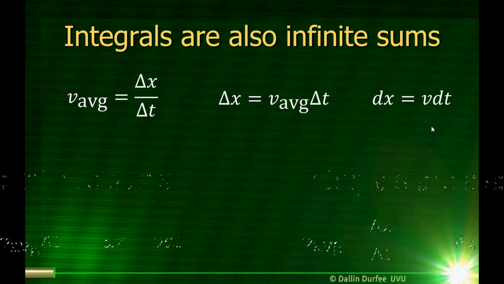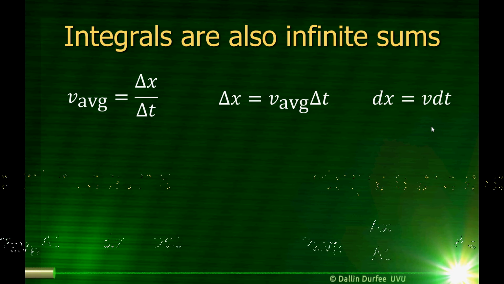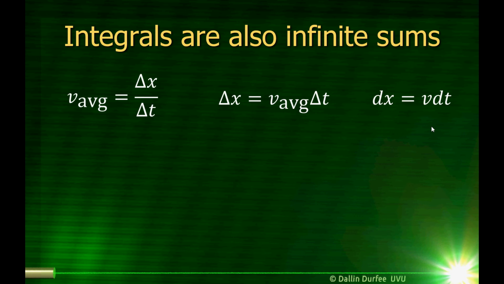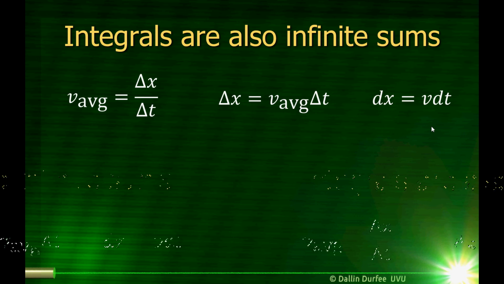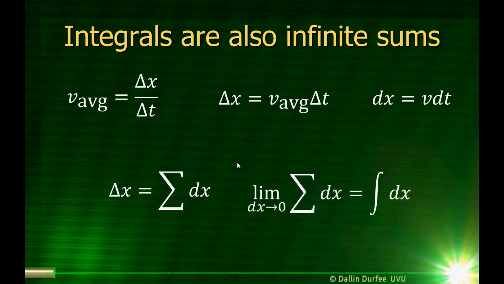Now, if I want to find the total delta x of my journey, I just have to add up all of these little dx's, all infinite number of these infinitely small dx's. So delta x is just the sum of all of these dx's. In the limit, as dx goes to 0, the sum of all of these dx's is precisely what the integral of dx is.